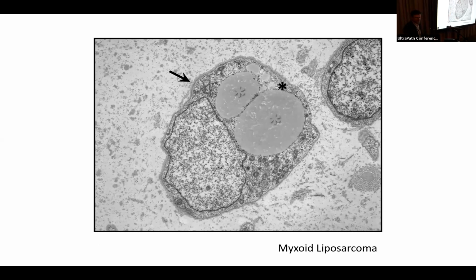And I'm showing this one here mainly to establish a comparison with another one that we'll be showing in a moment. The principal features here of a liposarcoma are lipid inclusions, an external lamina surrounding the cells, kind of a basement membrane-like material, and polyparticulate glycogen kind of diffusely distributed within the cytoplasm of that cell.